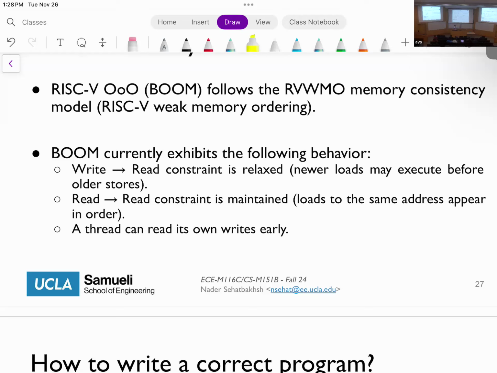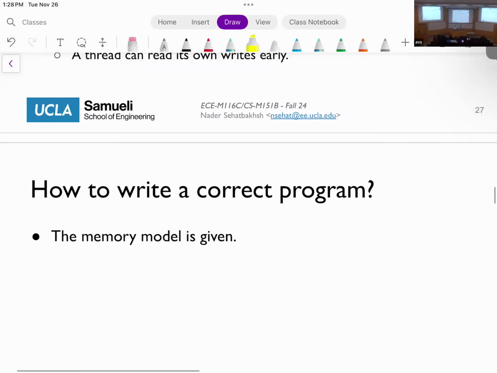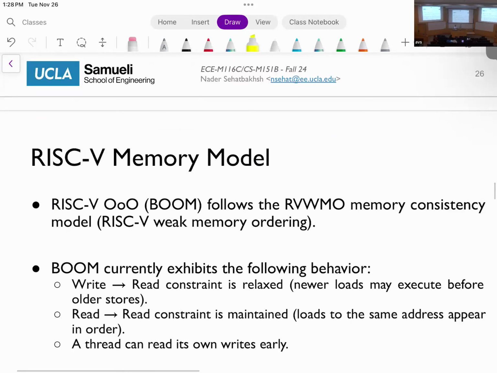There are very lengthy documents about weak memory ordering in RISC-V, but just keep in mind that this is one way of doing this, and that's what we do in RISC-V. It's quite similar to TSO, with tiny differences. Any questions about memory models?